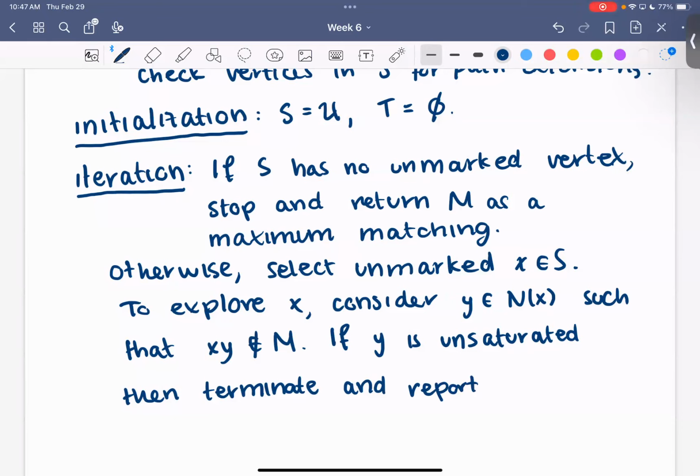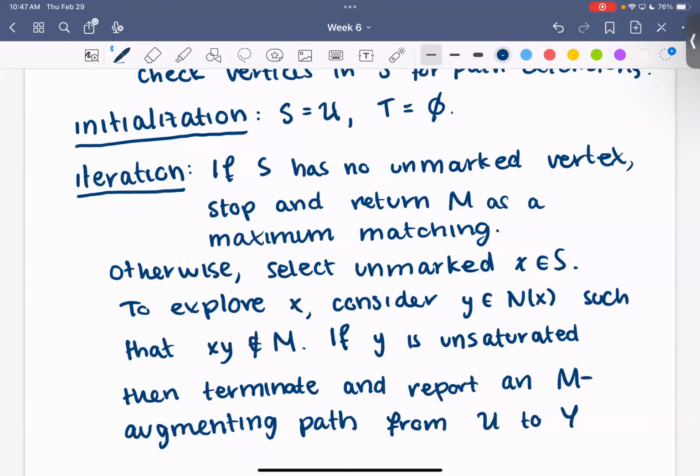Oh no, sorry, I have this backwards. Wait, let me just finish the sentence, then I'll explain what's going on. So I'm going to terminate and report an M augmenting path from U to Y. Sorry, little y.